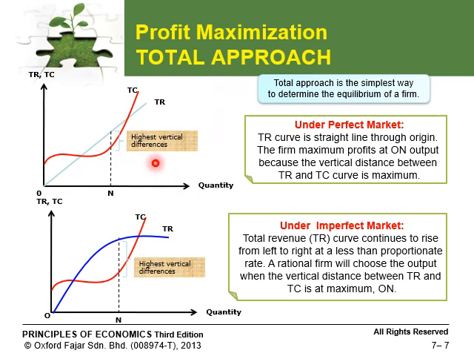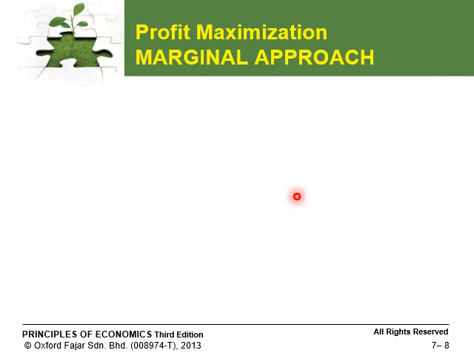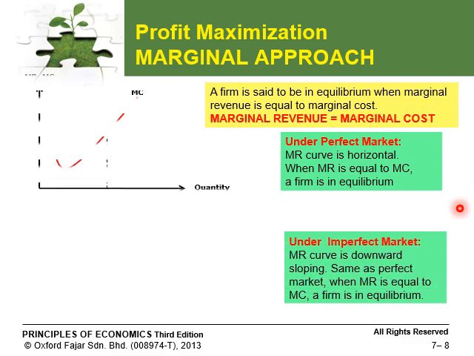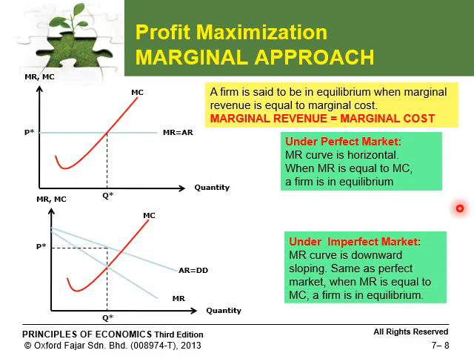The total approach must include total cost and total revenue. So the second approach to find profit maximization is the marginal approach. Just now I mentioned the total approach; right now is the second approach, where we use the marginal approach. In the marginal approach, there are two things you have to know.